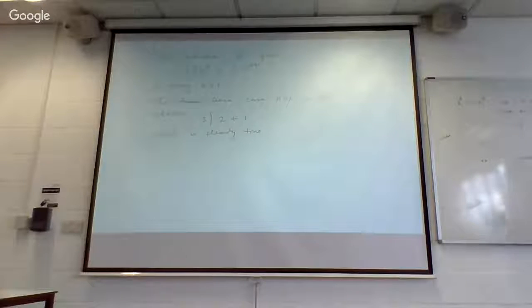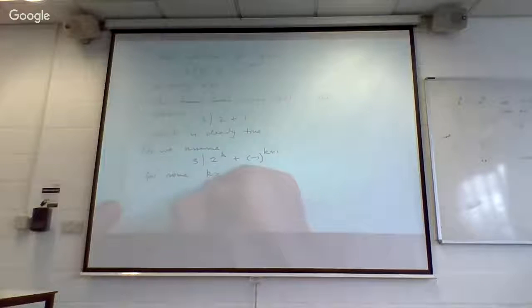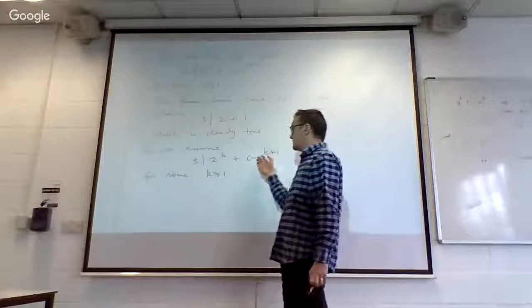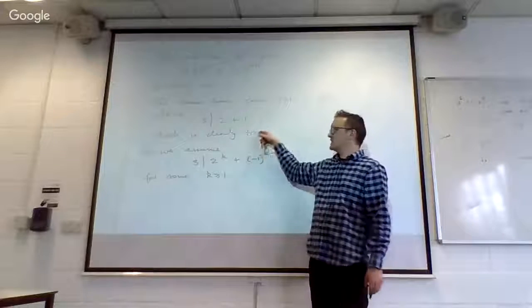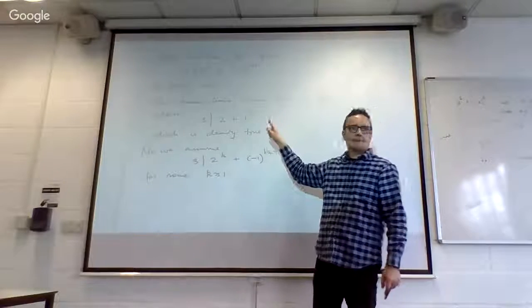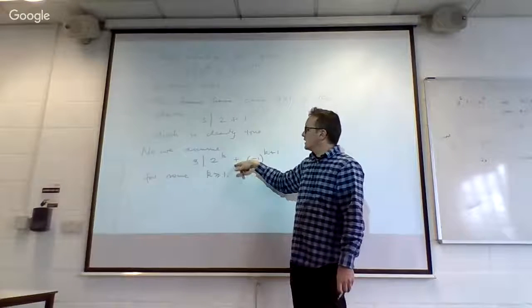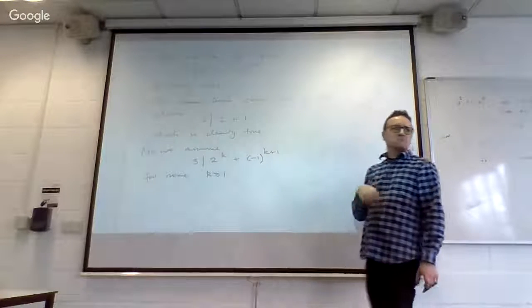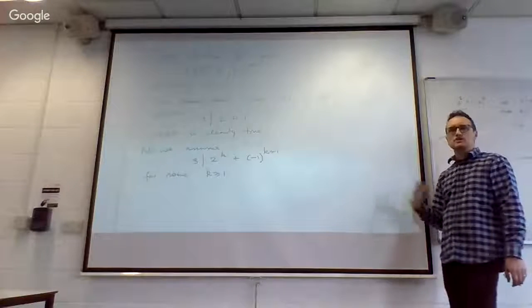Then the next thing we do is we assume it's true for some result in this domain. We assume that 3 divides 2 to the k plus minus 1 to the k plus 1 for some integer k greater than or equal to 1. We're allowed to make that assumption, because we've just proved that it does happen at least once.